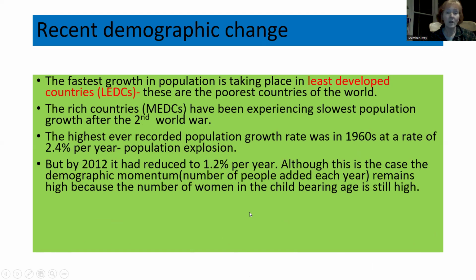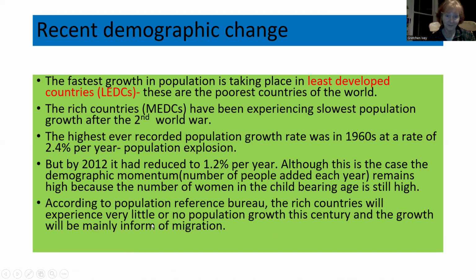By 2012, it had reduced to 1.2% per year. Although this is the case, the demographic momentum, or number of people added each year, remains high because the number of women in childbearing age is still high. According to the Population Reference Bureau, the rich countries will experience very little or no population growth this century, and the growth will be mainly in the form of migration.